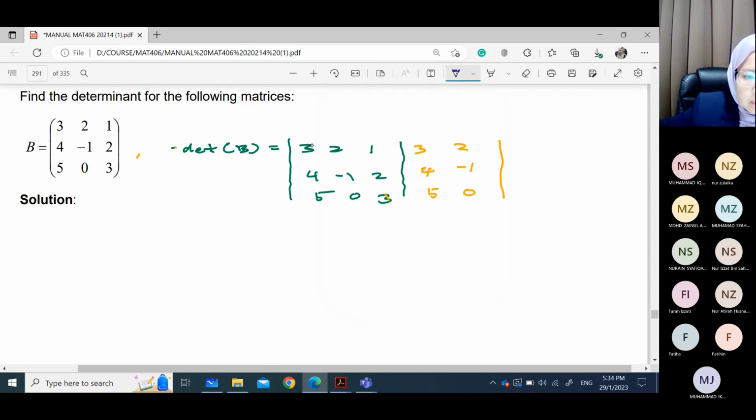Okay. So how to use the diagonal. So didarabkan saja as a diagonal, which is 3 times negative 1 times 3, 2 times 2 times 5, yang macam ni. Dia punya page macam ni lah. Okay. So this one P1, P2, P3. Okay.